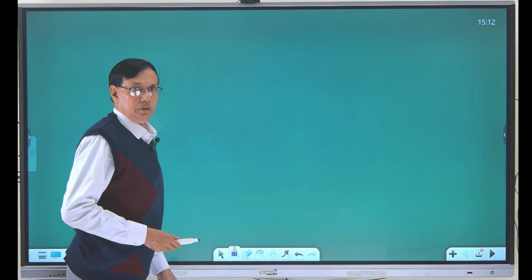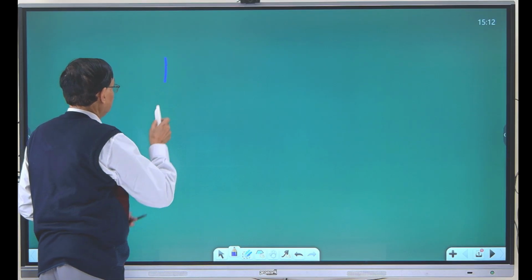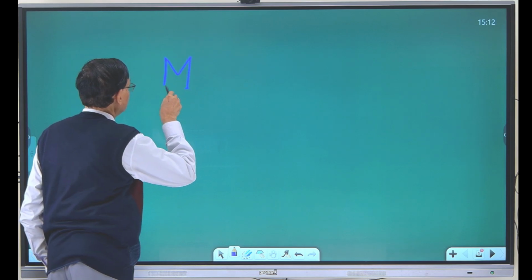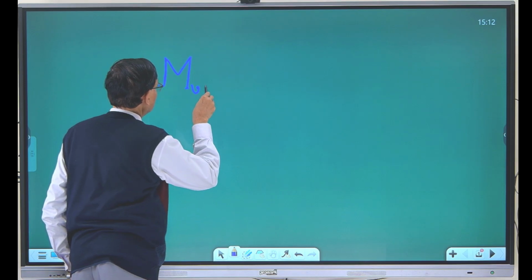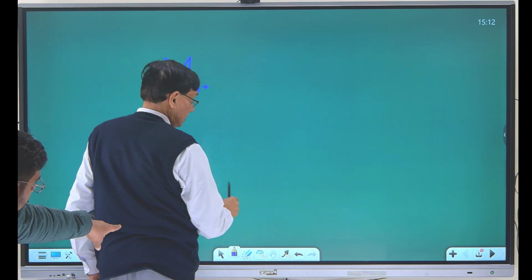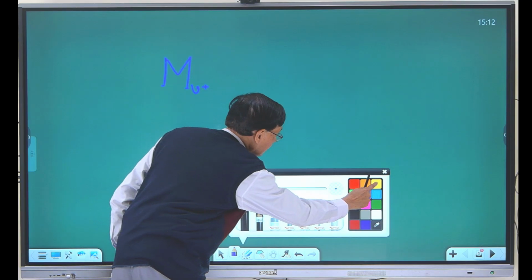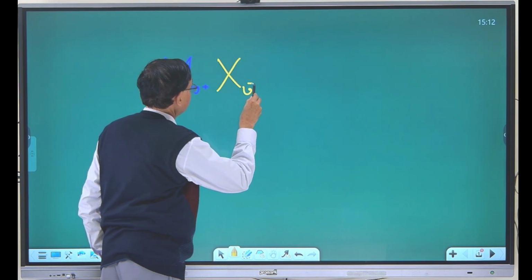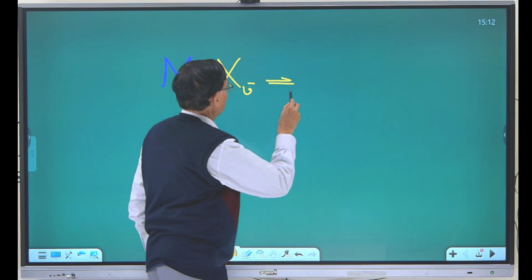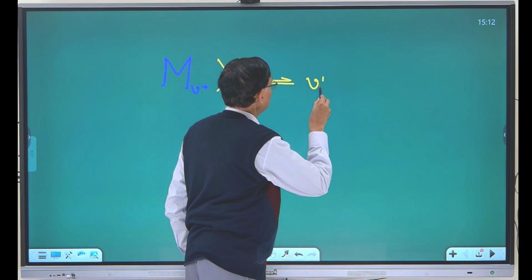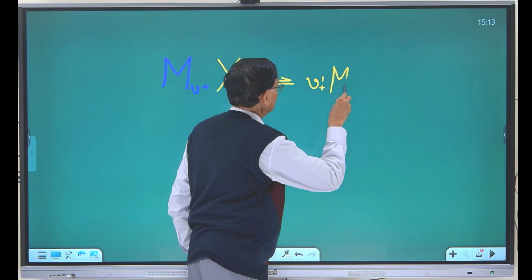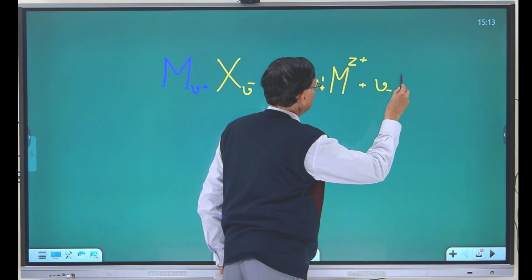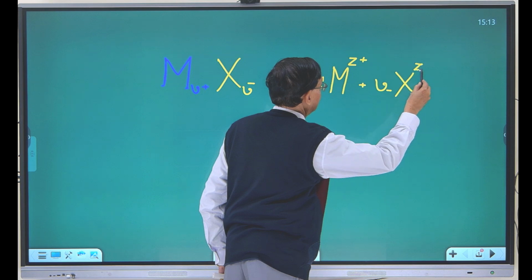For that, for example, I am taking an electrolyte with cation charge Z plus and anion charge Z negative.